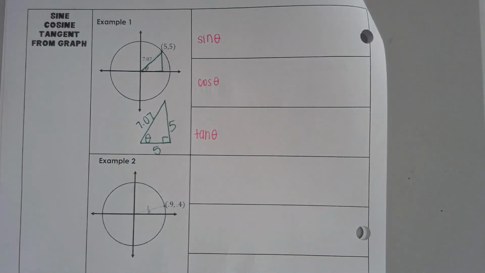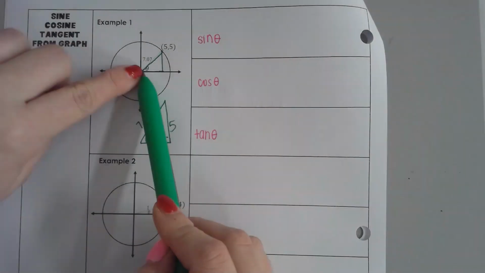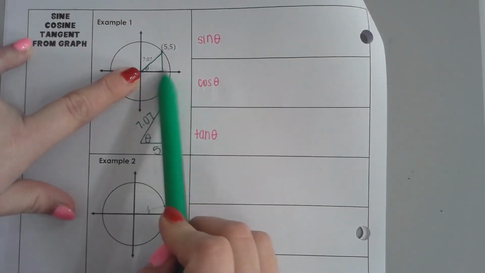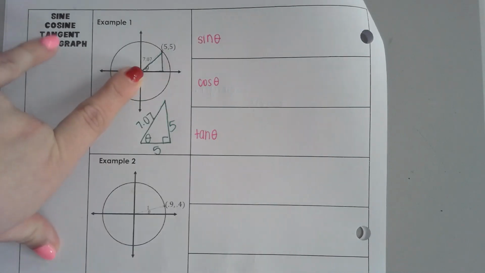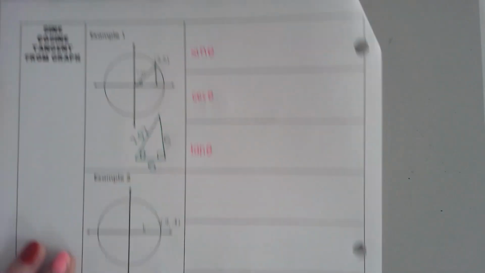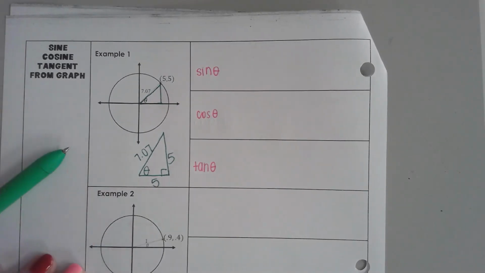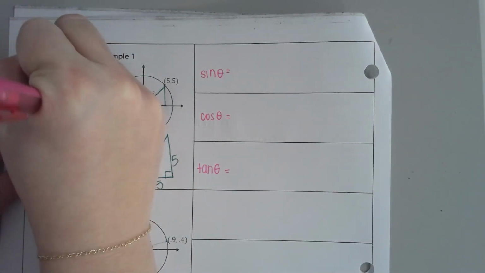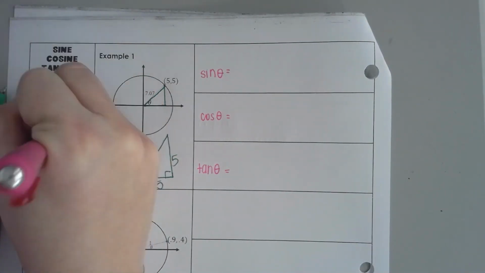So when you have a coordinate point, if you're starting at the origin, the x value is how far left or how far right you go. The y value is how far up you go. So you go over and up. Okay. So based on this triangle, we do SOHCAHTOA.